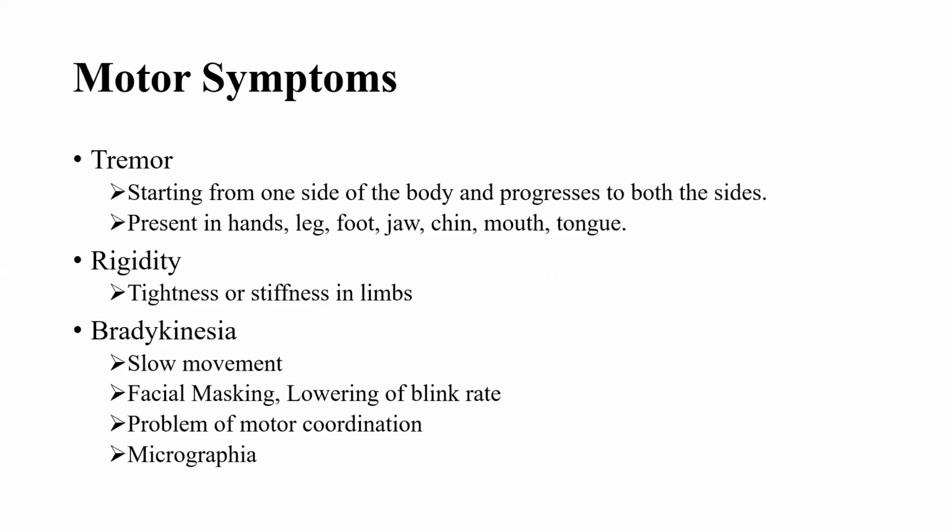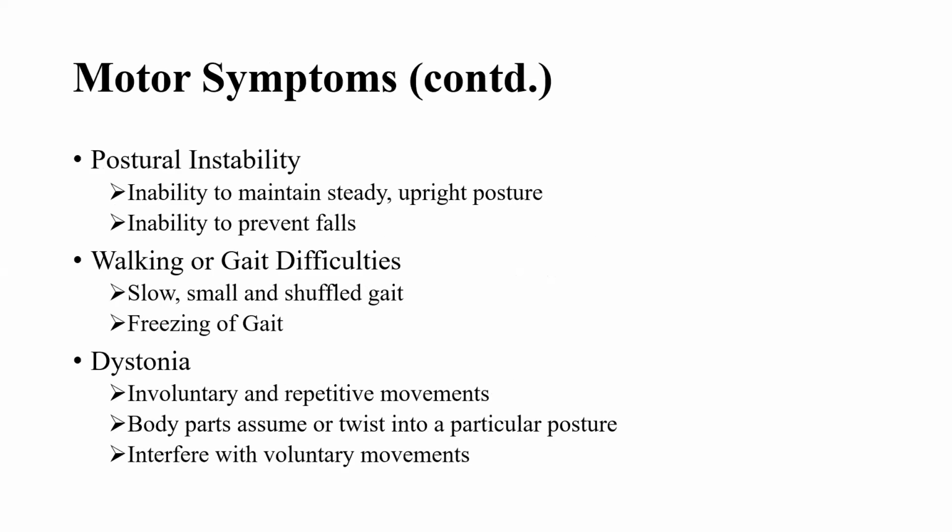Motor symptoms include tremor, rigidity, bradykinesia. Bradykinesia refers to slow movement, facial masking, low brain rate, postural instability, that is the person has a problem to stand upright or to maintain a steady posture. They have the inability to prevent falls. There is a problem of walking or gait difficulties.